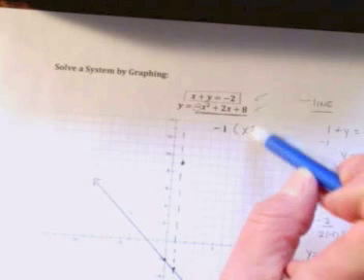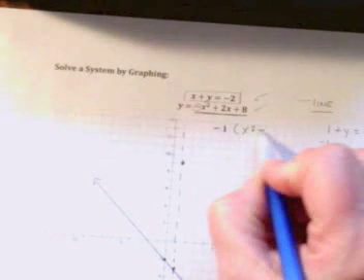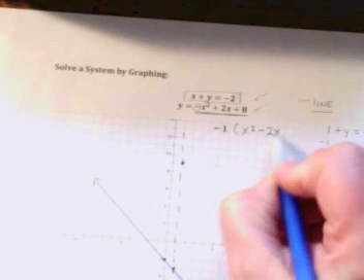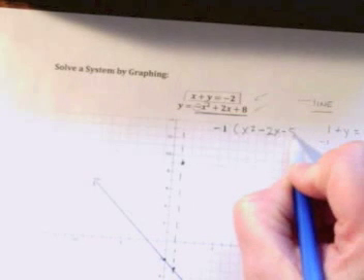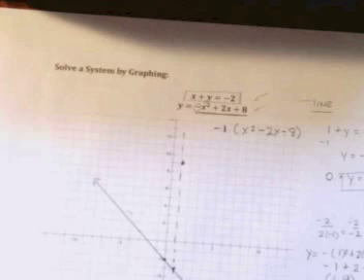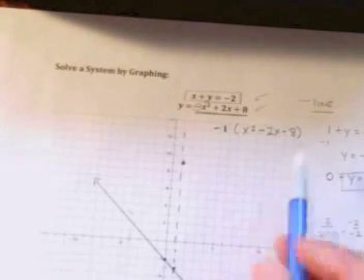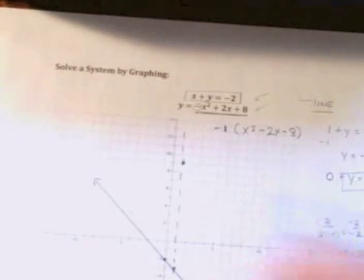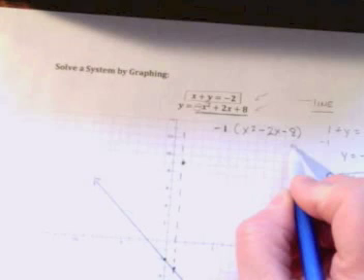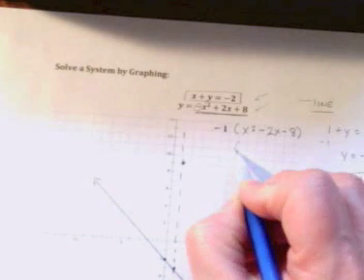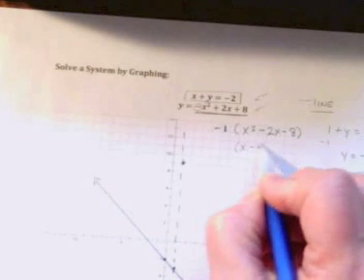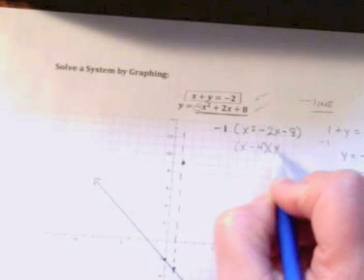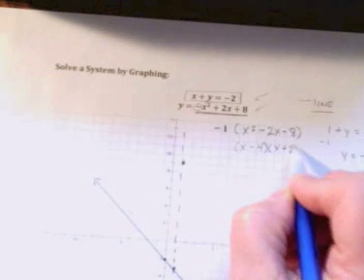Notice that when I do that, it changes the sign in front of the 2x and in front of the 8. So I've factored out my -1, and now I need to find factors of -8 that add up to -2. And when I do that, I get (x - 4) and (x + 2).